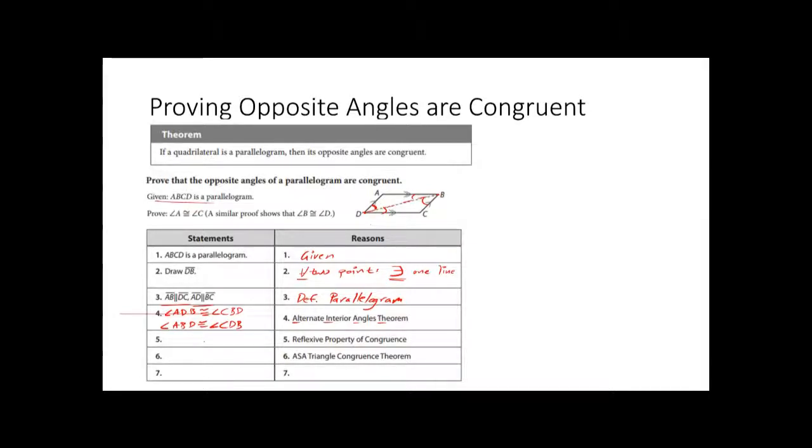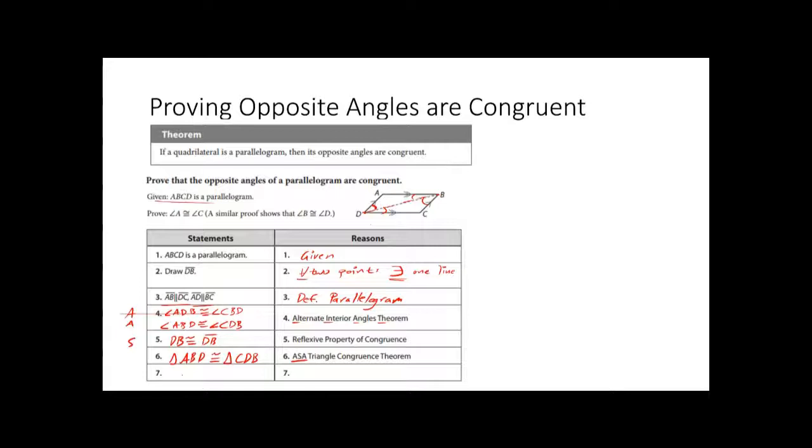Now, reflexive property, again, see how the proof is actually very similar to the other proof? In fact, if you look at it, it's actually the same exact proof, just representing two different situations. So we got our two angles, we got our side, and then we're basically saying that triangle ABD is congruent to the other triangle, triangle CDB, because of angle side angle again.